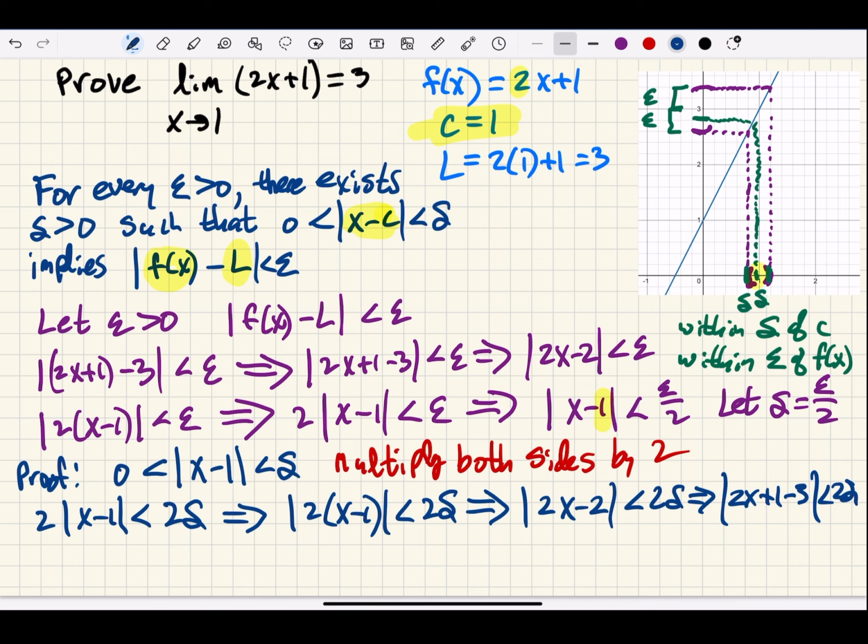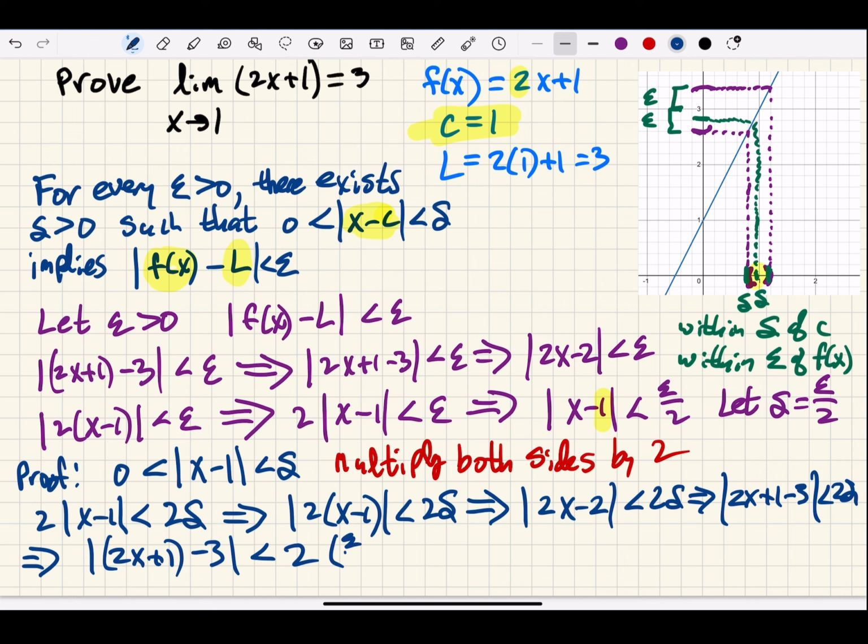Now, let's see. So now we can say that the absolute value of 2x plus 1, I'm going to put that in parentheses, minus 3, is less than 2 times epsilon over 2.